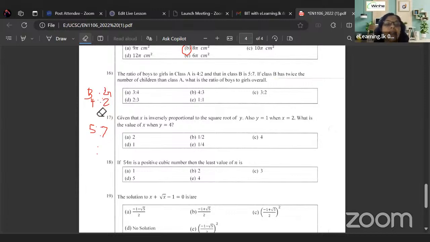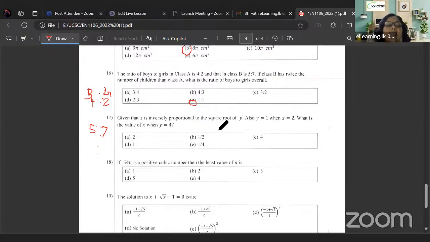The ratio is also given as double. Therefore, you can add the ratio of girls together and the ratio of the boys together. Then it will come as 9 to 9. Then it is equivalent to 1 to 1. Right?